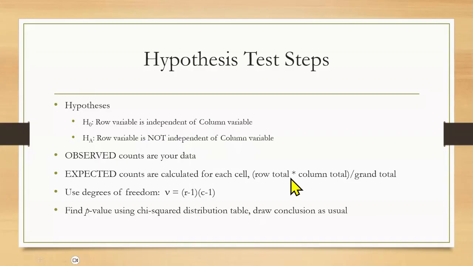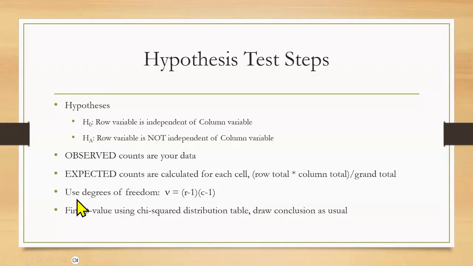So those row total times column total divided by the grand total calculations that we just made, those are going to be our expected counts. They're derived from finding the probabilities, assuming they're independent, but we have to convert them into counts so that we can actually compare them to our observed counts. You may get decimal place values for your expecteds, and you don't want to round those off to whole numbers. You want to use the decimal values. I mean, round them off to a couple of places.